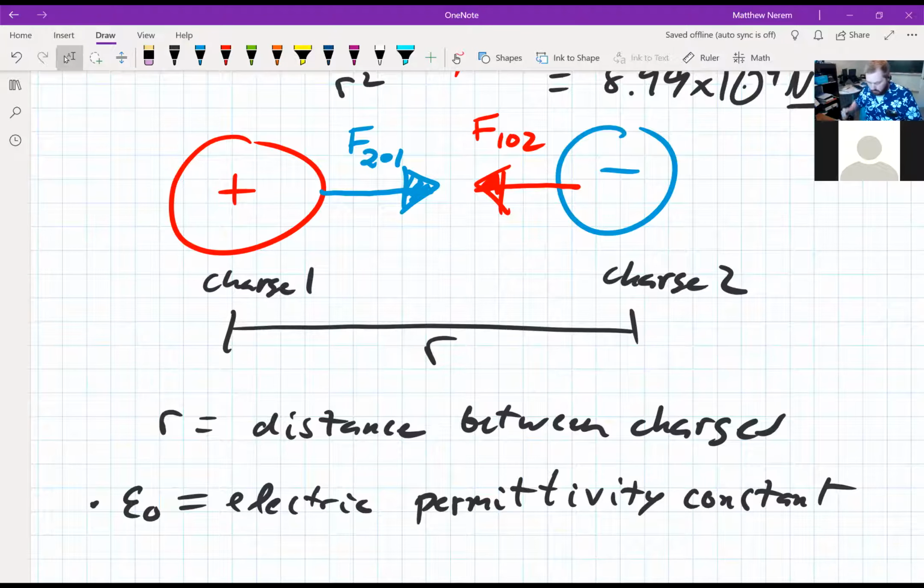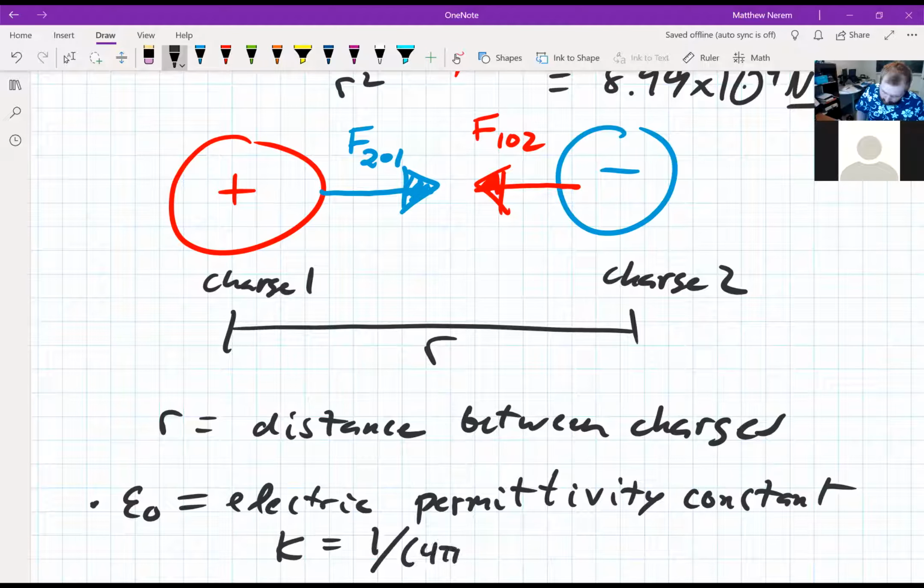All right, so I'll squeeze in these margins here. This epsilon naught, you can think of it as the electric constant. In fact, you can use this relationship: k is 1 divided by 4 pi epsilon naught.